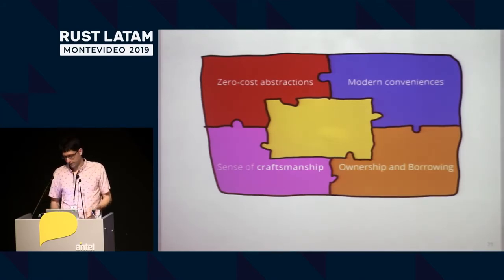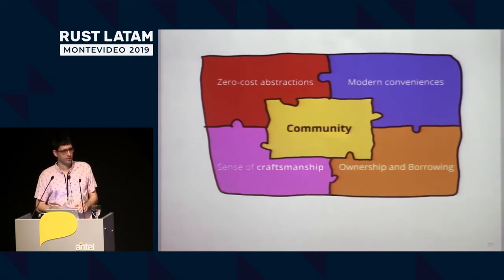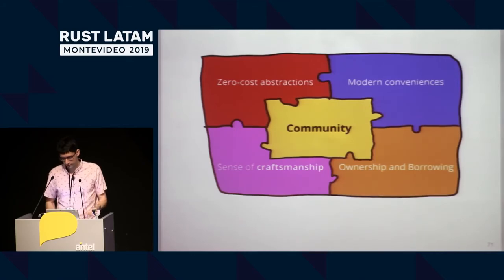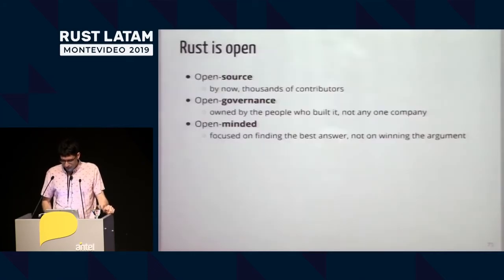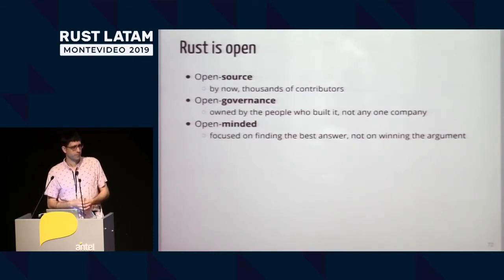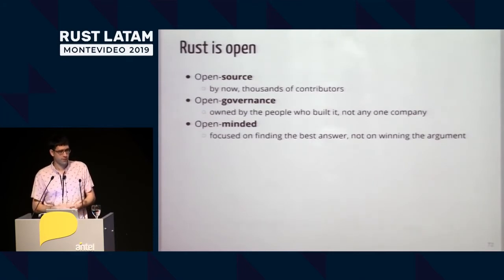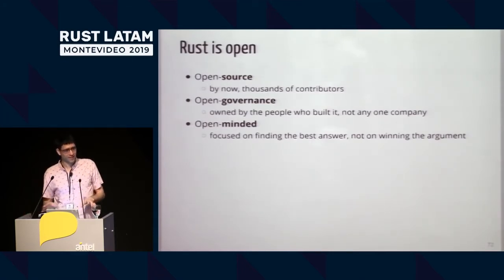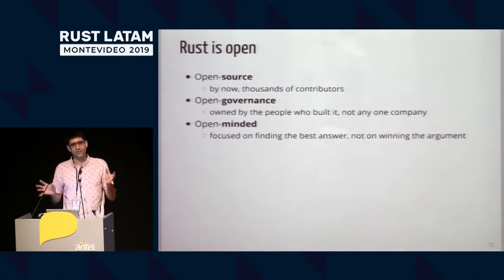What let us get this design in the first place, right? And that's the Rust community. And it's the community that you're all a part of now, since you're attending this conference. And Rust has always had this long tradition of being open, right? And open is one of those words that everybody says and everybody means something different. So I mean all the things that people are saying, I think, for the most part. We are open in a lot of different ways.